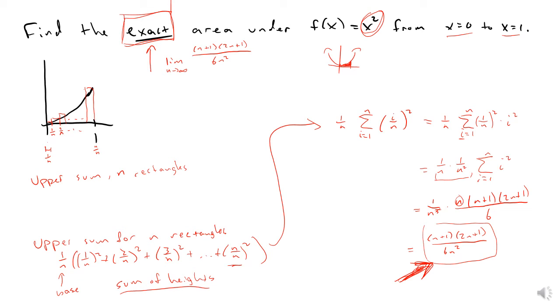It may help if we multiply out that numerator. If I multiply out the numerator, that would be 2n squared plus 3n plus 1, all divided by 6n squared.